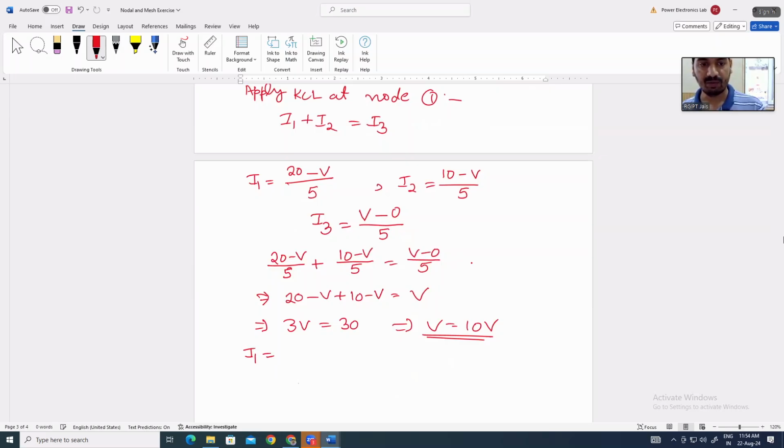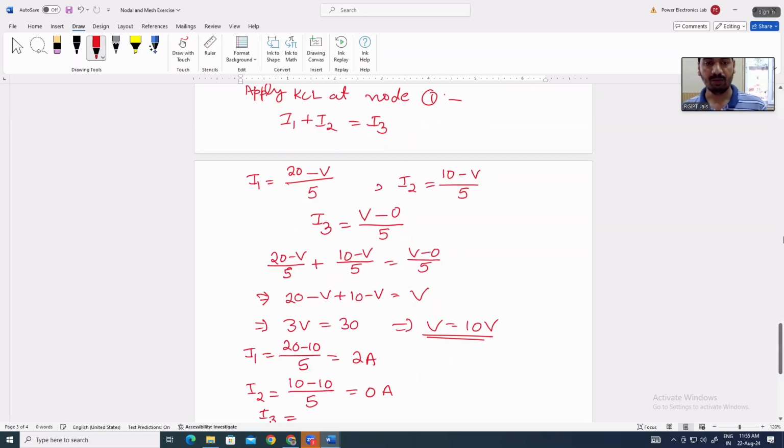I1 will be equal to (20 minus 10) divided by 5, that is 10 by 5, which is equal to 2 ampere. I2 is equal to (10 minus V), that is (10 minus 10) divided by 5, that is 0 ampere.